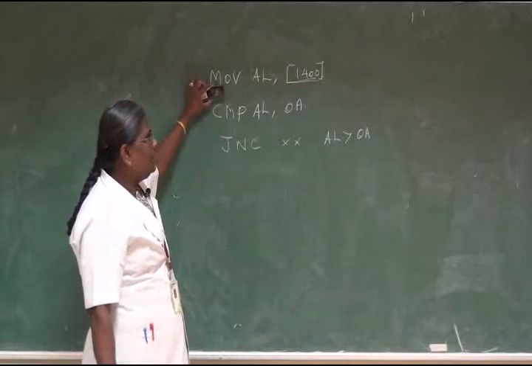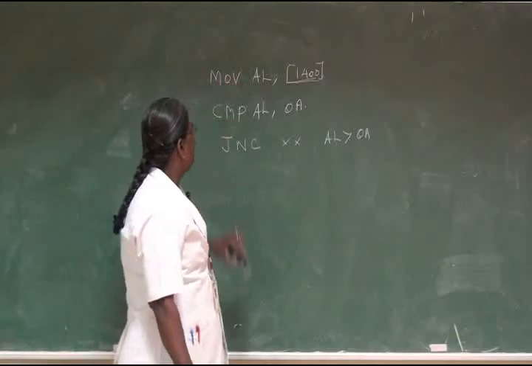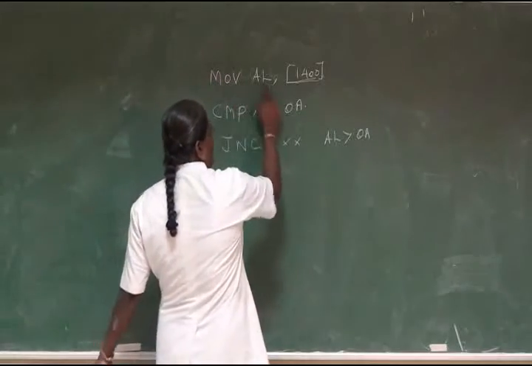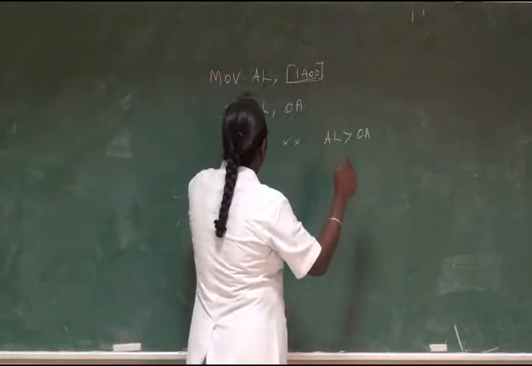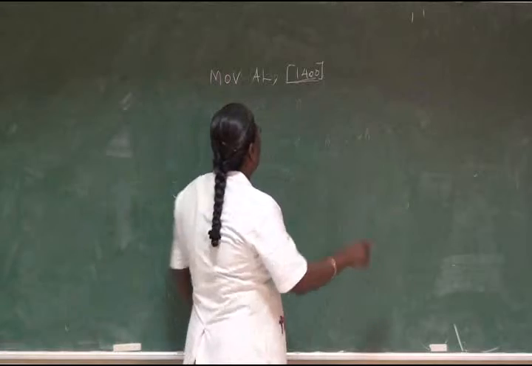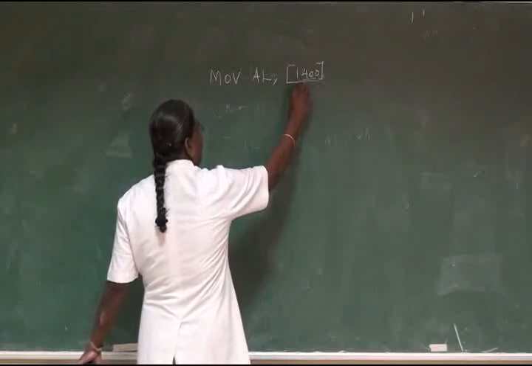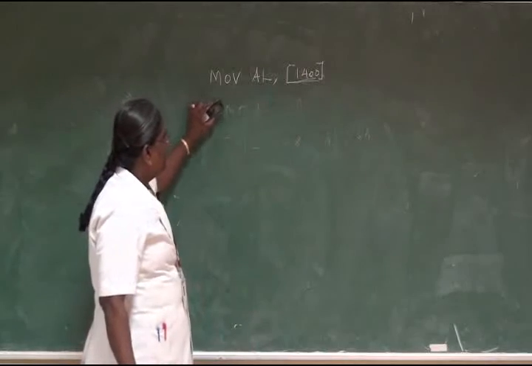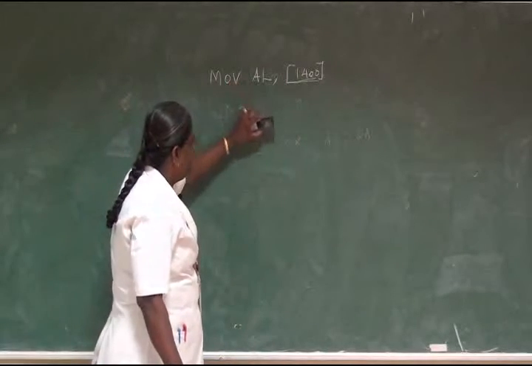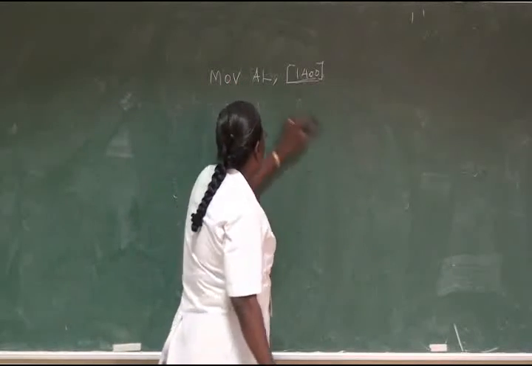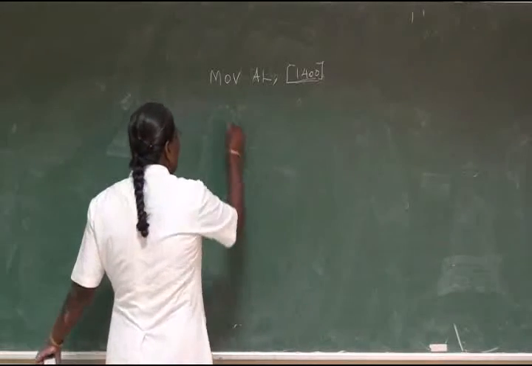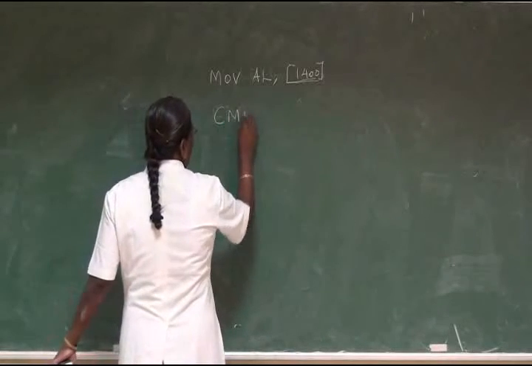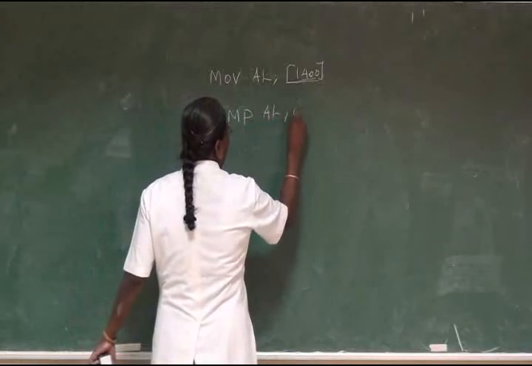So first we have to get the data from the memory location. So we write MOV AL, 1400. That means the contents of the memory location are moved to the AL register. Second step is compare with 0A, CMP AL, 0A.